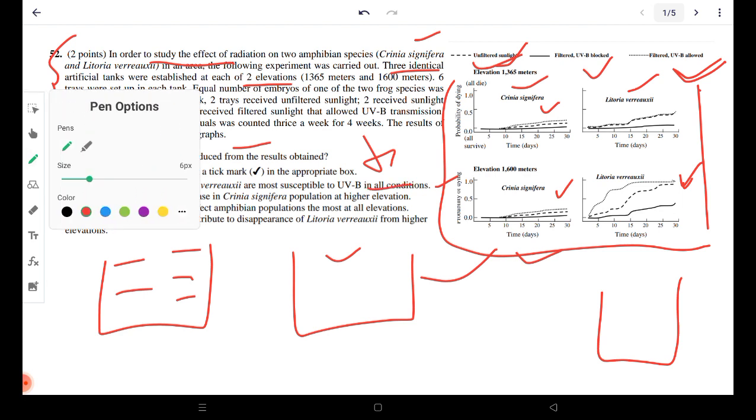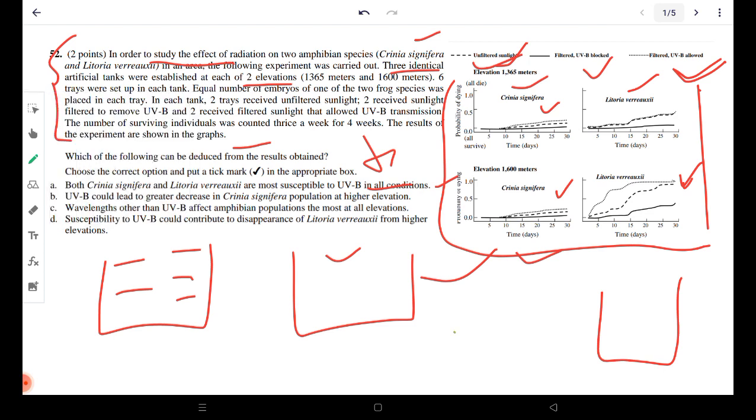When you come to the second graph, see here, both species are in all conditions. So in the second graph, the UV rays of B wavelength have the same effect as filtered or unfiltered. Basically, I am saying that in graph 2, UVB and unfiltered sunlight have the same effect.